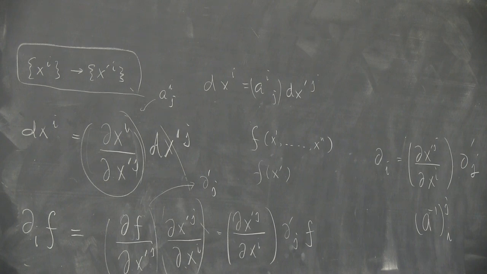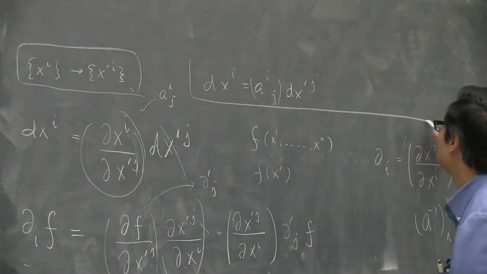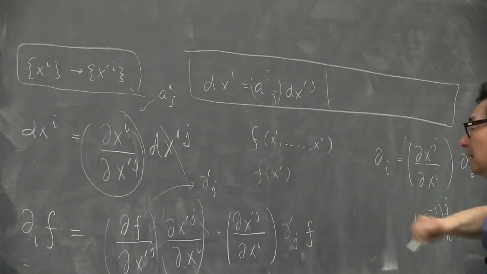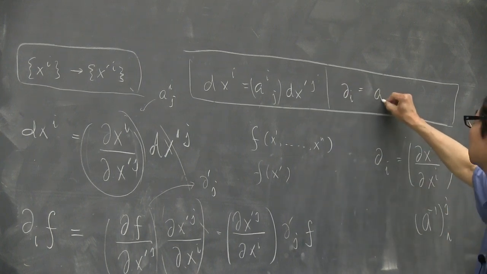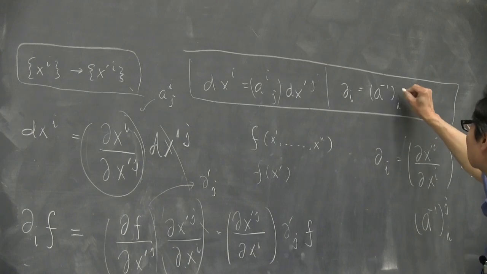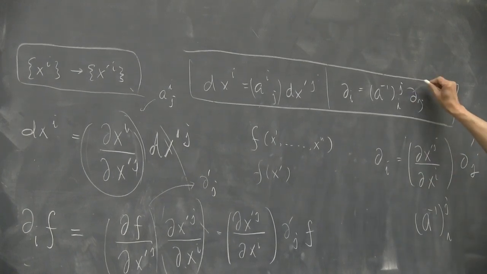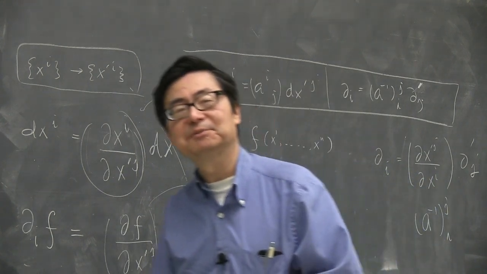And so now you have the other transformation, which is that di, I'm just writing as A minus 1 ij d prime j. Now you compare the two transformations. Obviously, one transforms as the inverse of the other one.